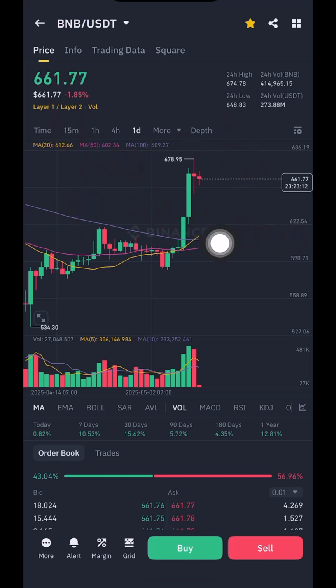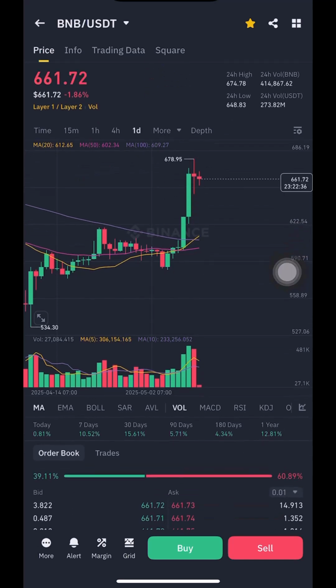But if you buy it and it drops to, for example, 600, then you will lose $61, right? But don't worry, because the price is down, that's why you see your asset value is lost. When the market is up, your money will come back, so you don't lose your money, right? But if you sell at the low price, buy high, sell low, you will lose.